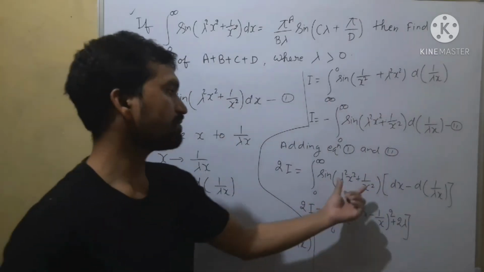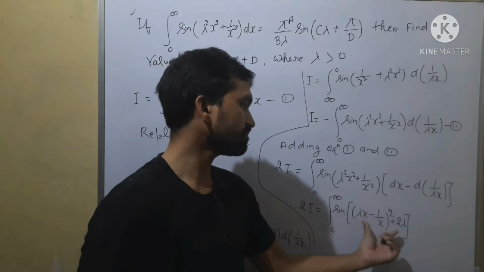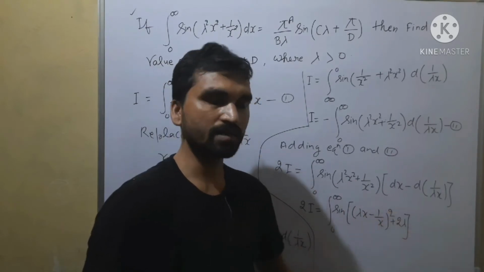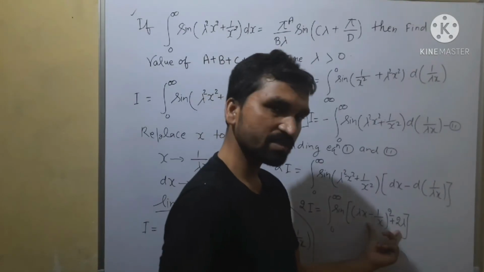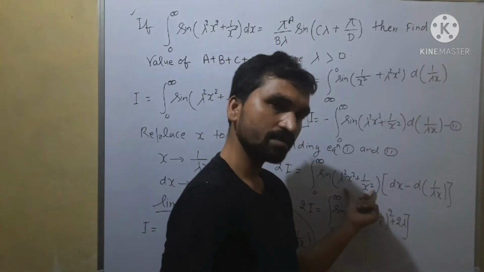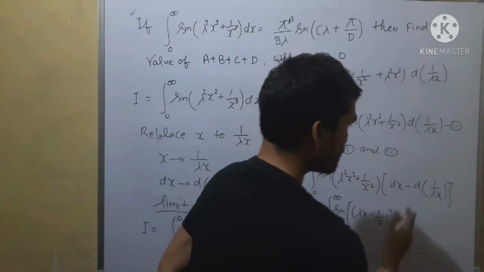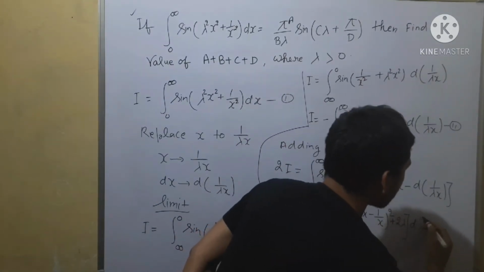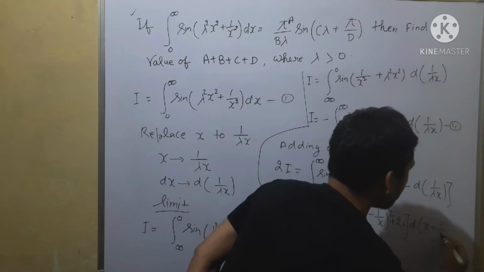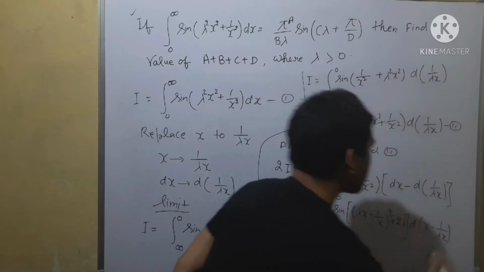We can write lambda square plus 1 by x square with (lambda x minus 1 by x) whole square plus 2 lambda. After simplification of these terms, we can get these easily, and here we can take d outside, so it will be d of (x minus 1 by lambda x).